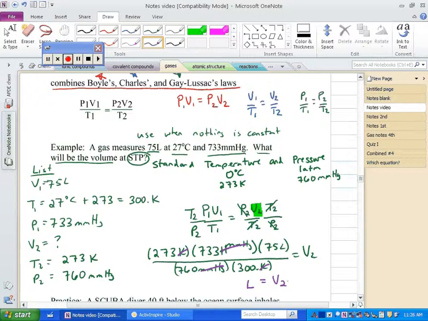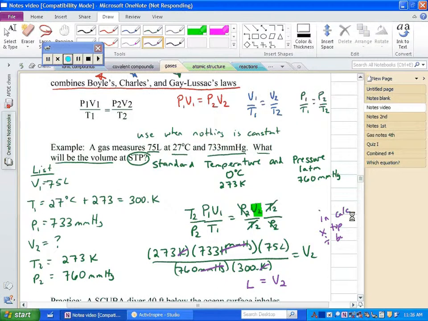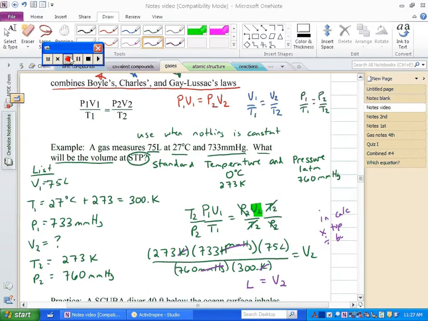Now, when you're putting this in your calculator, times before anything that's on the top and divide anything that's on the bottom. So as I was typing this into my calculator, I would say 273 times 733 times 75 divided by 760 divided by 300.